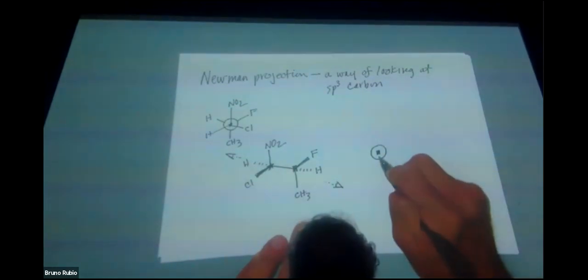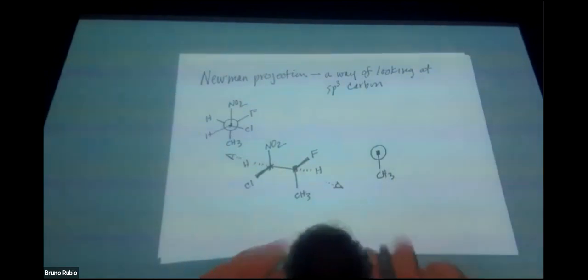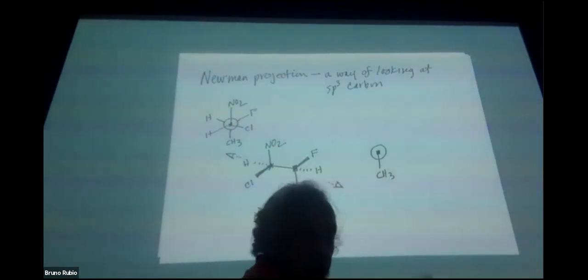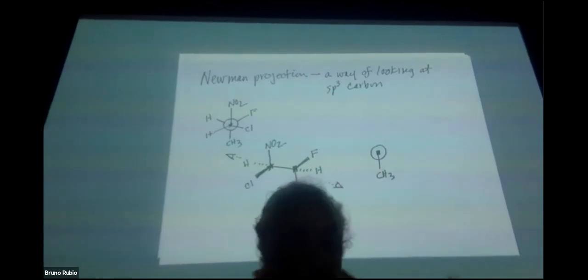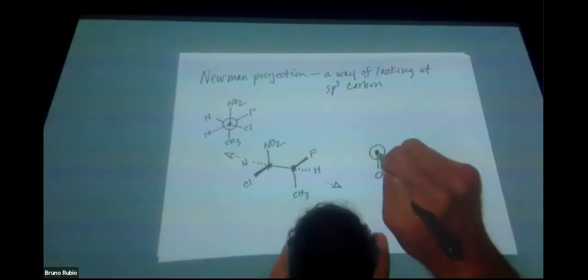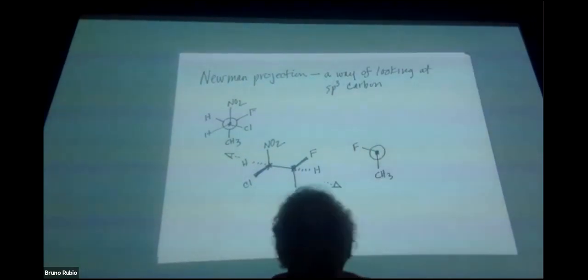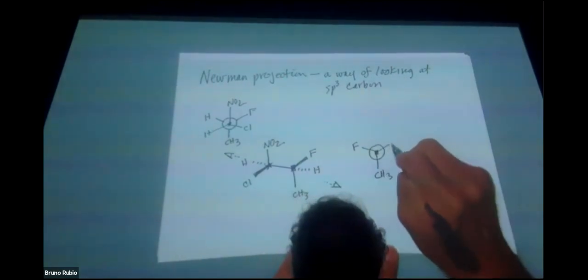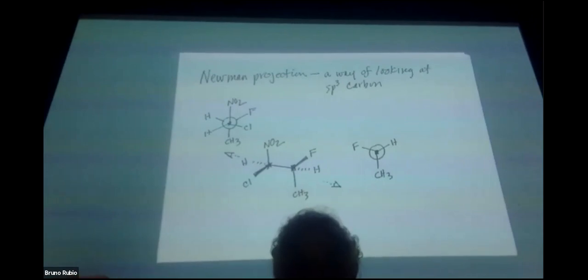So what do I see now? Now I see a methyl group pointing straight down to 6 o'clock. I'm looking at it this way. I see a fluorine on my left pointing to 10 o'clock. I see a hydrogen on my right pointing to 2 o'clock. Now what about the carbon in the back? It's hidden by the imaginary disk.